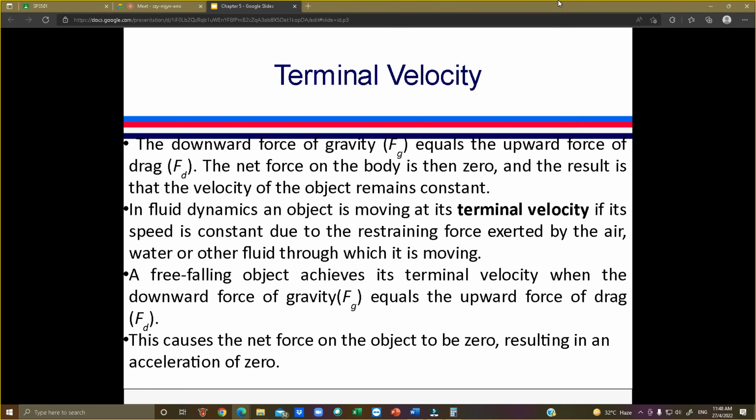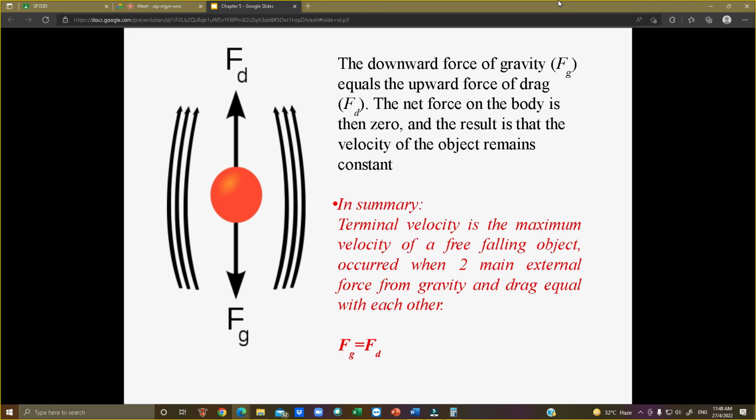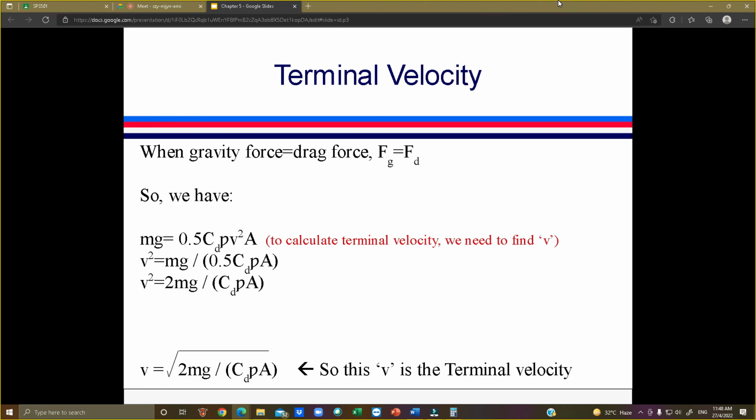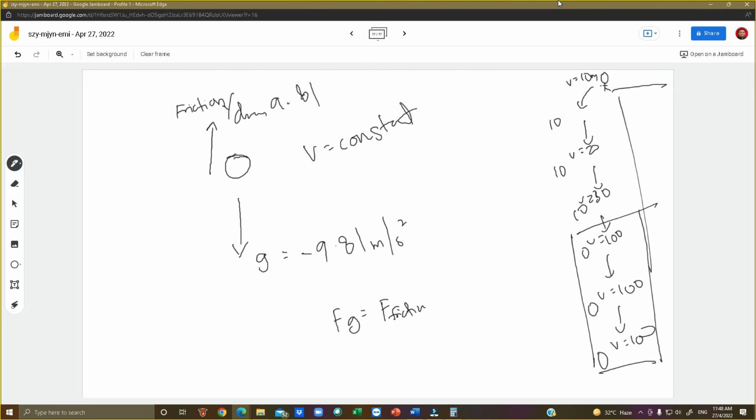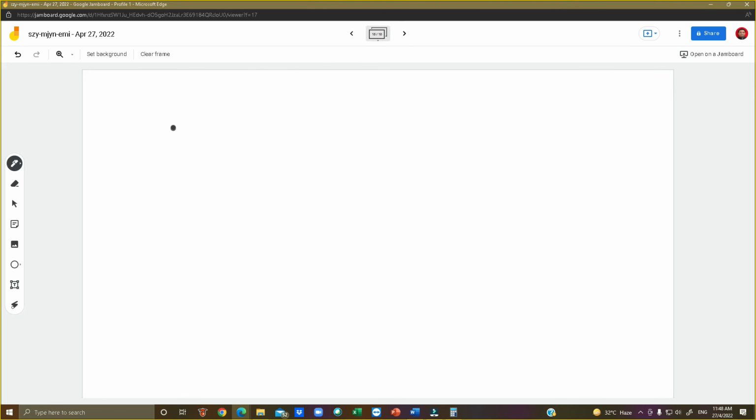Alright, the second concept is about uniform acceleration. Uniform acceleration is easy. For example, we have an object rolling down.